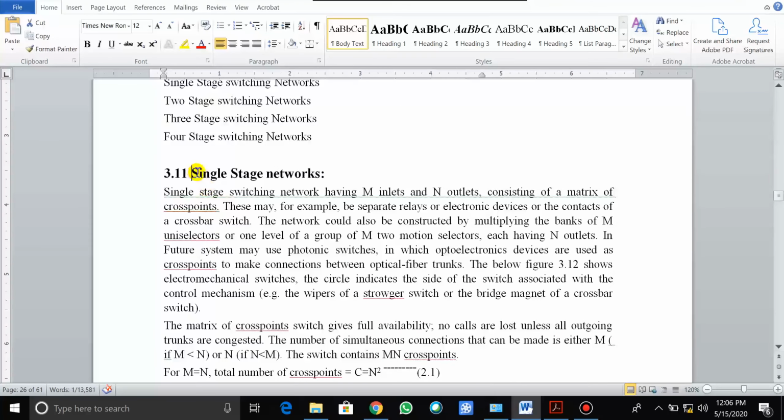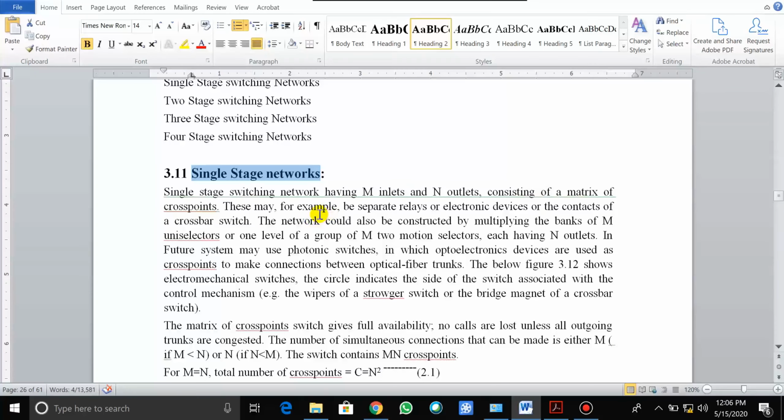So let us discuss the single stage switching network. A single stage switching network has M inlets and N outlets, that is inputs and outputs, consisting of a matrix. It will be in matrix form, that is rows and columns, whose intersections are called cross points.